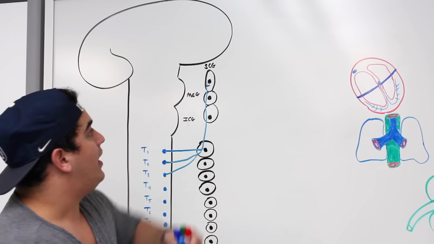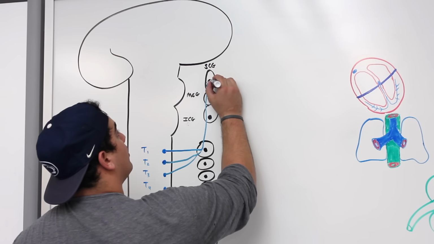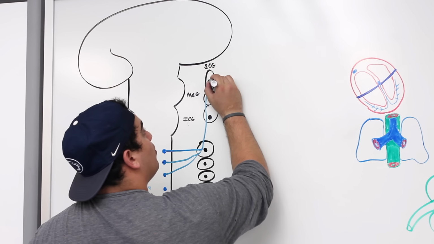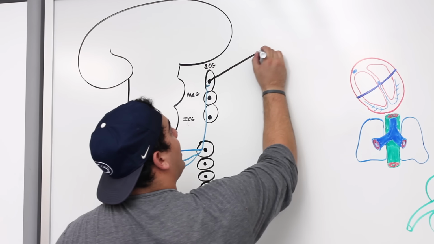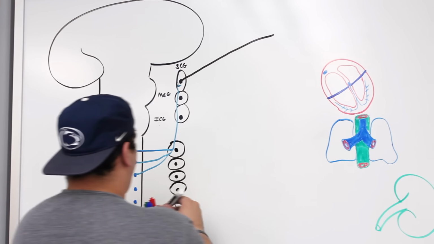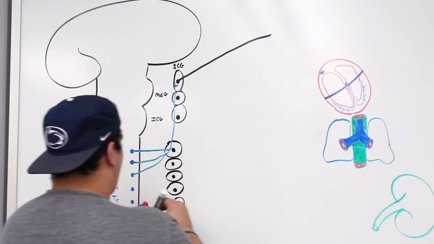From this point, they can then come out. When they come out, you know there's a big artery here, the common carotid artery. The common carotid artery bifurcates into the external carotid artery and the internal carotid artery.